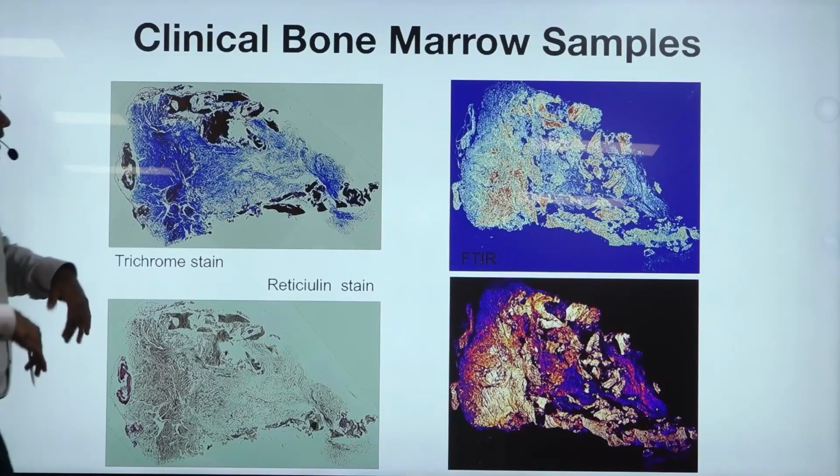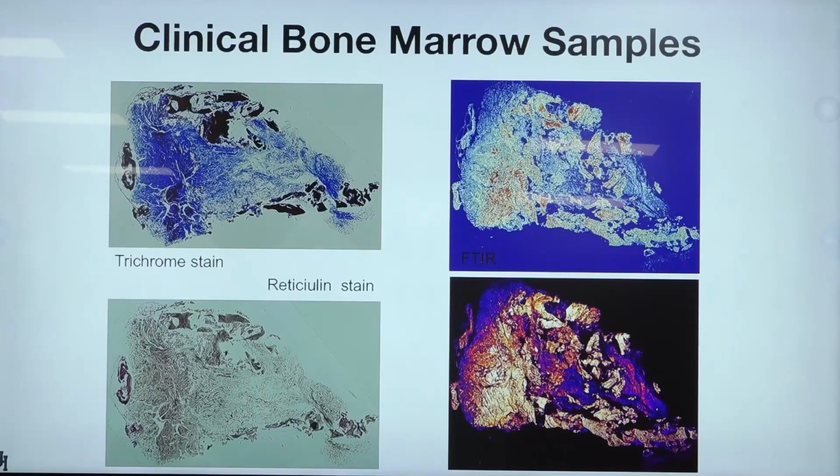Light also has polarization, X and Y polarization. So this instrument does photothermal, but also has polarization contrast, which allows you to see some things. I'll get to that in a minute.